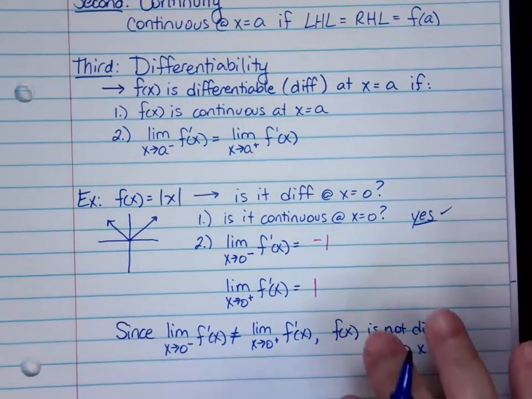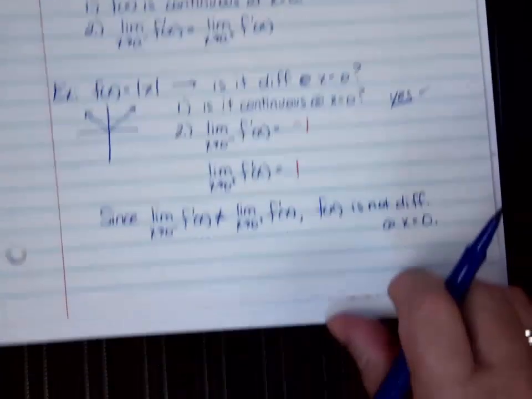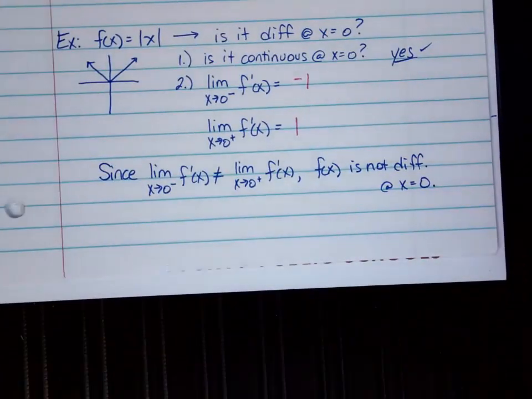Let me move that up for you. Yes? How do we know when to write there? From here on out, we're going to. For this first example, just to kind of prove the non-differentiability, we're writing the whole long sentence. But for the rest of the examples I'm going to do, it's going to be a therefore. Okay?